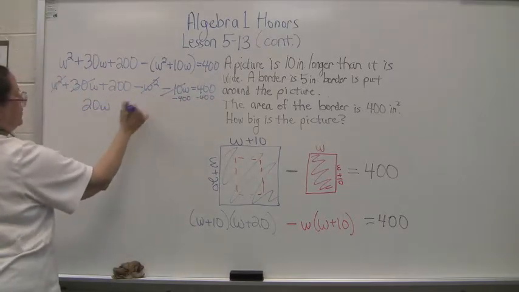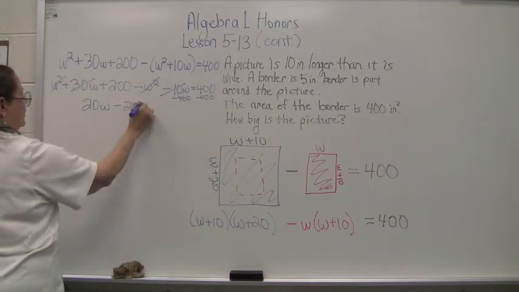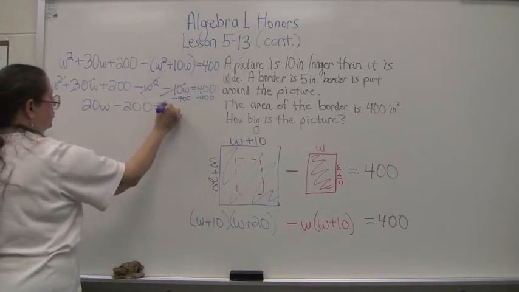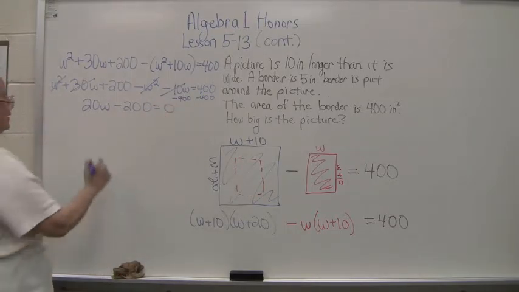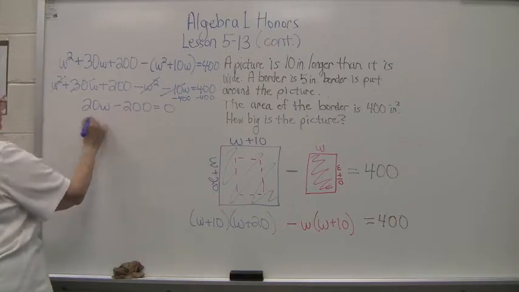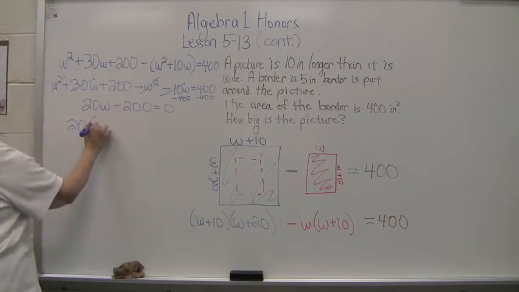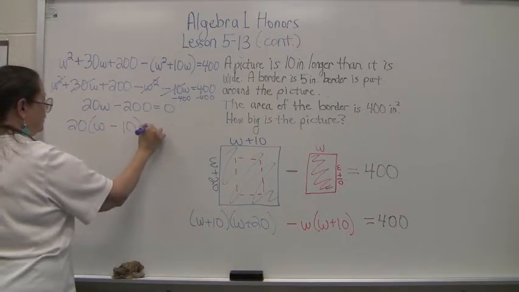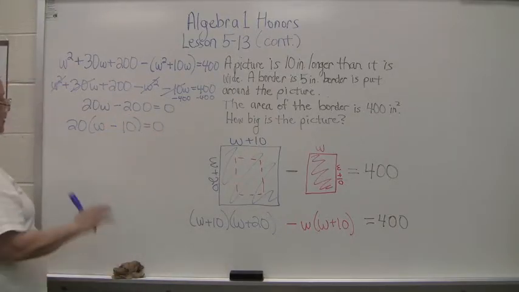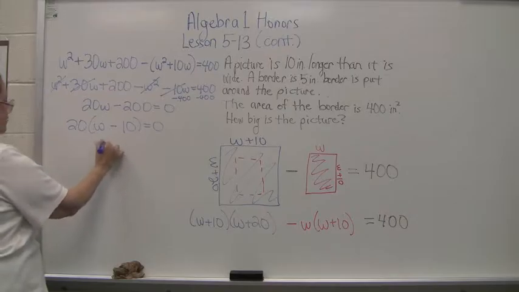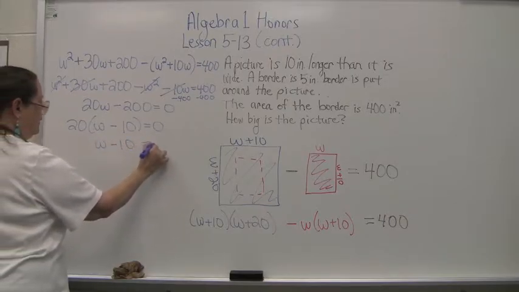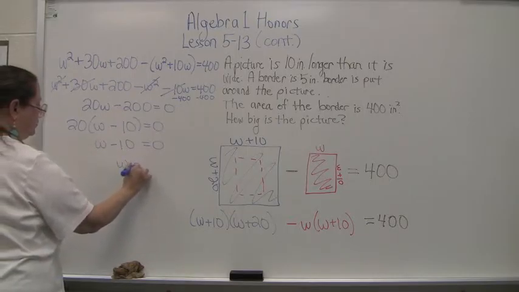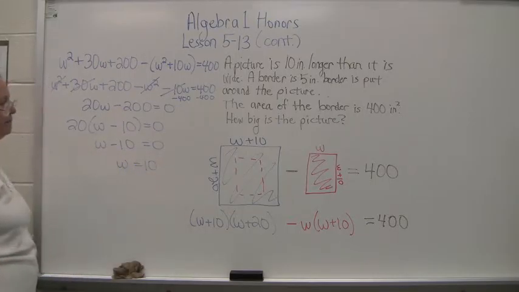So 200 minus 400 gives us a minus 200 equals 0. Now we have to factor. We can take a 20 out of both of these. Factor out a 20, we get W minus 10 equals 0. Divide both sides by 20, we get W minus 10 equals 0. Add 10 to both sides, we get W equals 10.